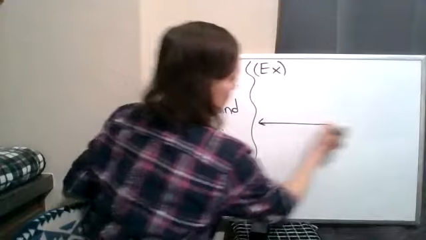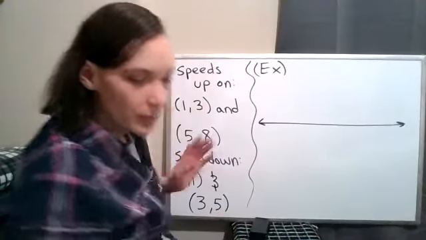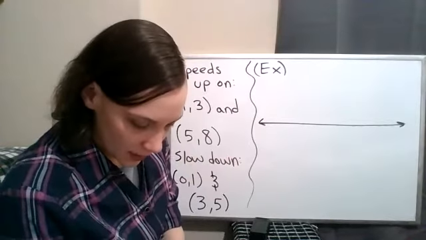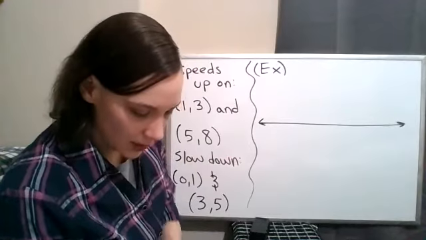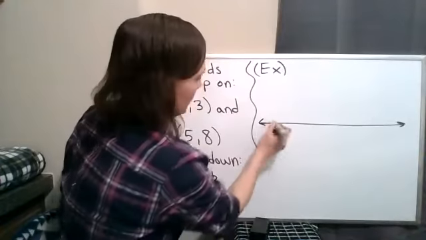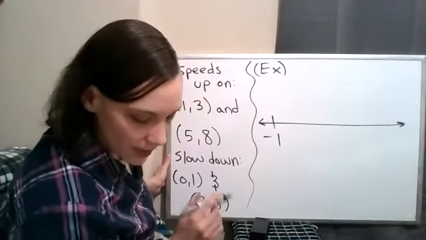And the values on the number line are for position. So this is in inches, from -1 over to 5, 6, and 7.